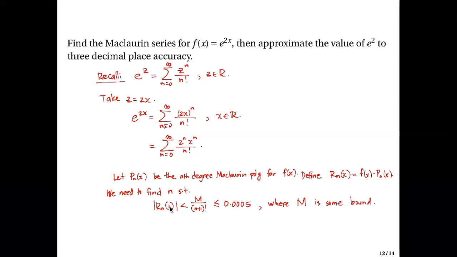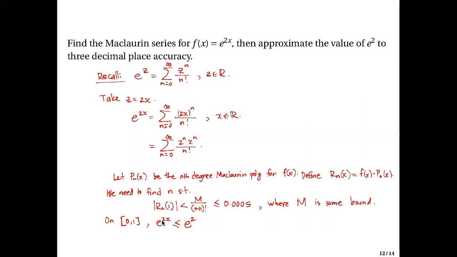To be more precise, on the interval 0, 1, your e to the 2x will be less than or equal to e squared, correct?